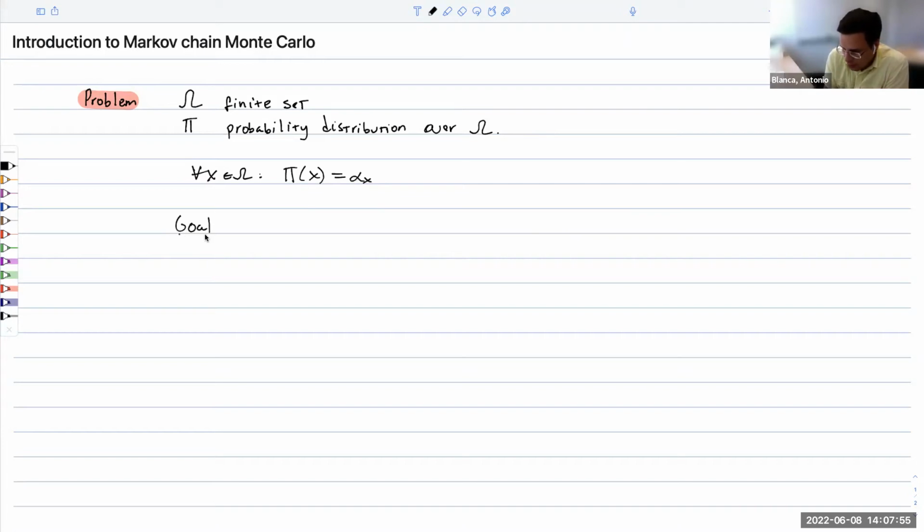The problem is that we want to draw samples from this distribution. We want an algorithm to draw samples from pi. Okay, is the problem clear?